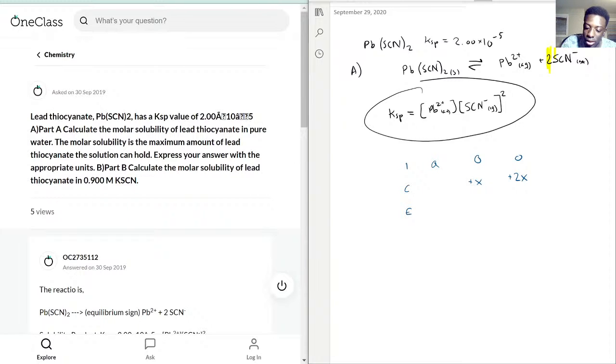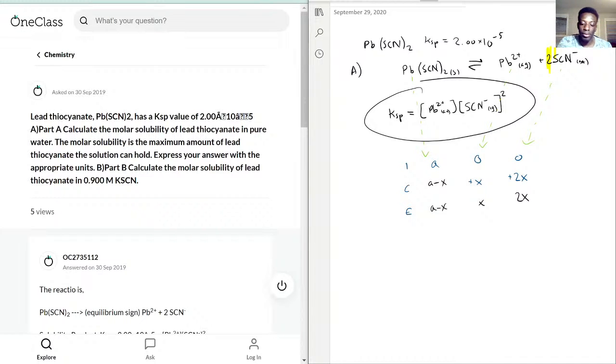The way it translates, this matches up with there, this matches up with this, and this matches up with that. So for every 1 a loses, x gains 1 for the Pb, and the SCN gains twice of that, based on this formula here. So we have a minus x as the change. It's going to be x, and this is going to be 2x.